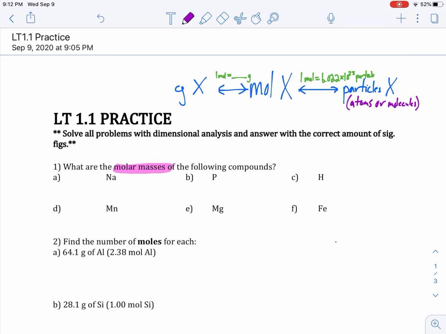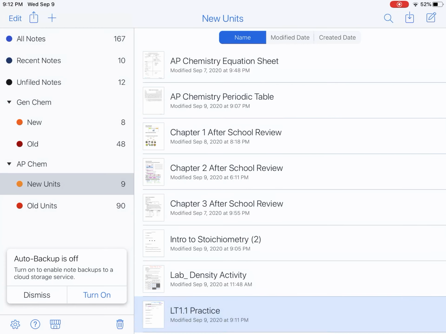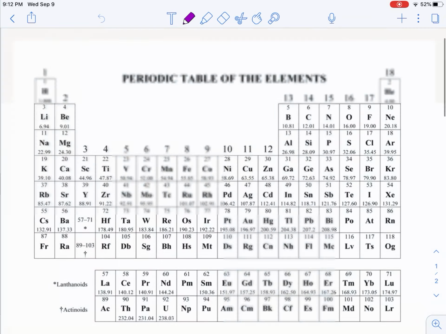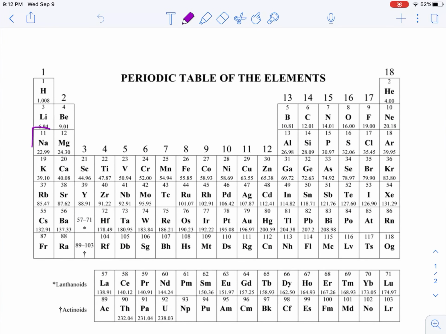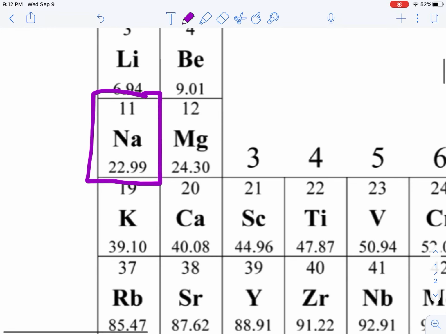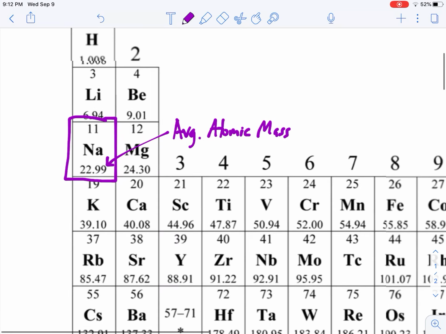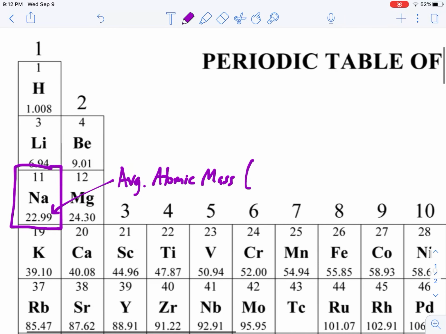So let's find sodium on the periodic table. It's right over here, Na. And notice that number next to it. That is the average atomic mass of sodium, also called the molar mass.